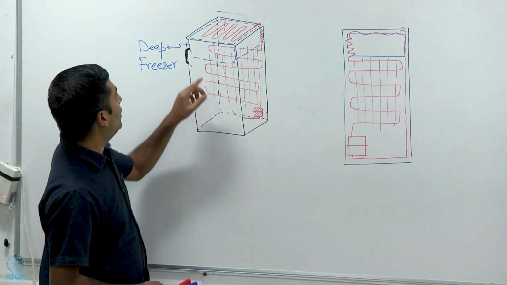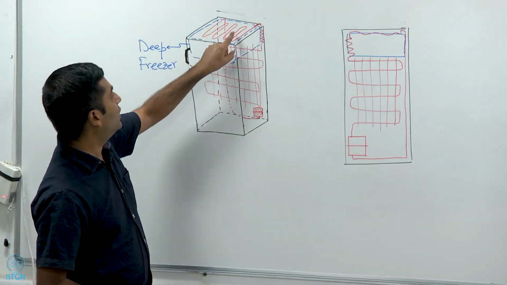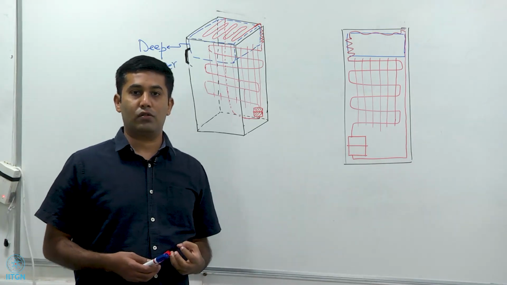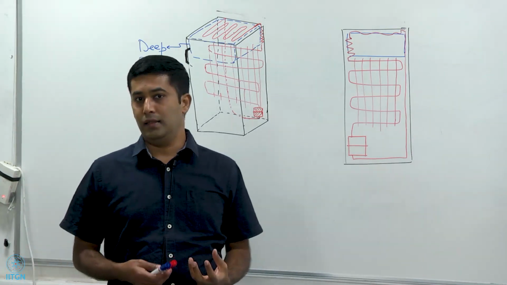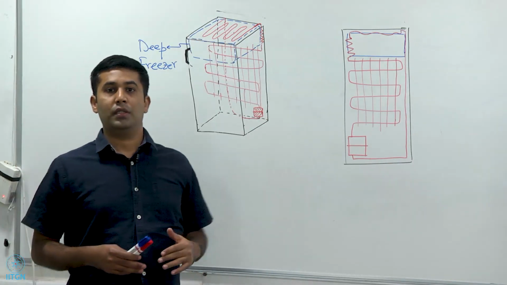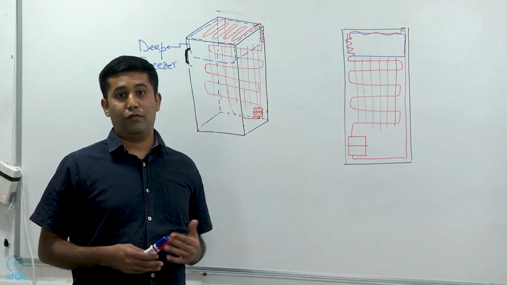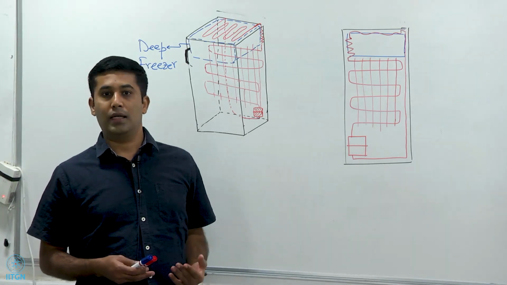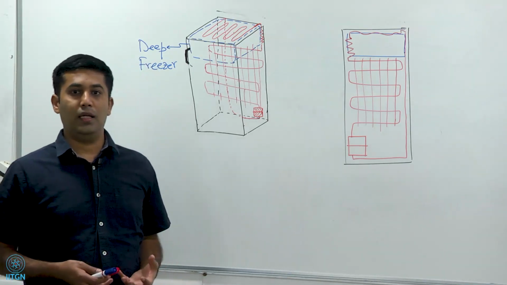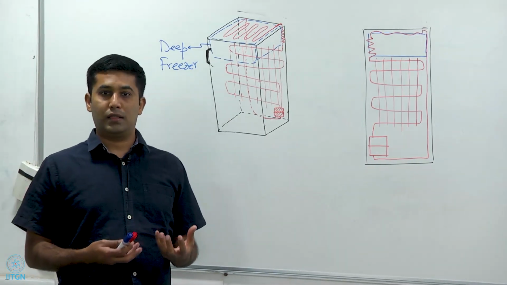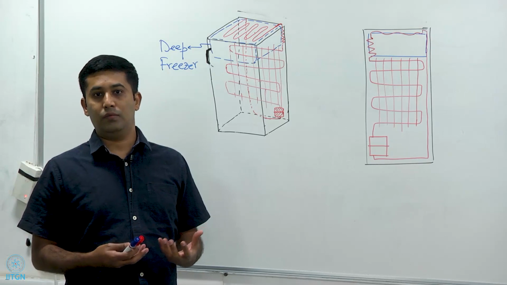And here on top you see the twisted tube that is carrying the refrigerant. The refrigerant is actually evaporating or boiling inside that tube, which is at the top, and that is the lowest temperature in the entire system. The refrigerant boils at a very low temperature of -18 to -10 degrees Celsius, absorbing heat from whatever is in the freezer, whatever we want to freeze, such as ice and ice creams and so on.